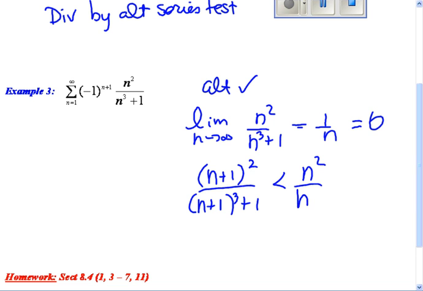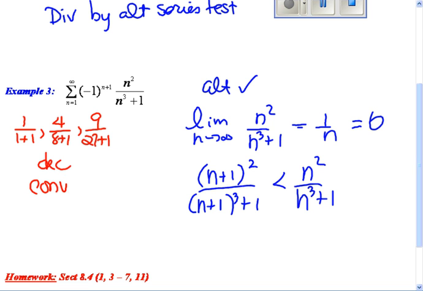All you have to do is just write out the terms and see if you think it's getting smaller. So the first one's 1 over 1 plus 1. The second one's going to be 4 over 8 plus 1. The next one's going to be 9 over 27 plus 1. Is that decreasing? Yeah, clearly it's decreasing. Therefore, this converges by the alternating series test.